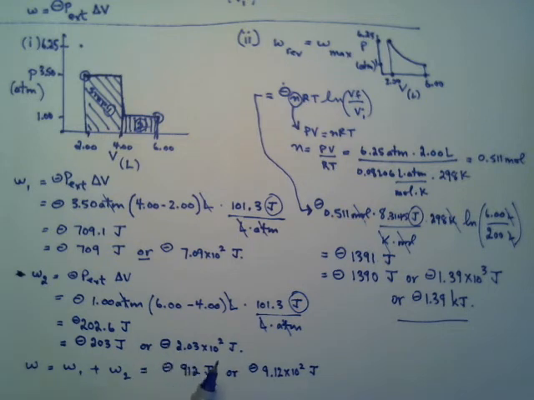So we see that for this 2-step process, I've got 912 joules, and that's indeed less than the 1390 joules over here, and they're both negative. So that's how it's done.